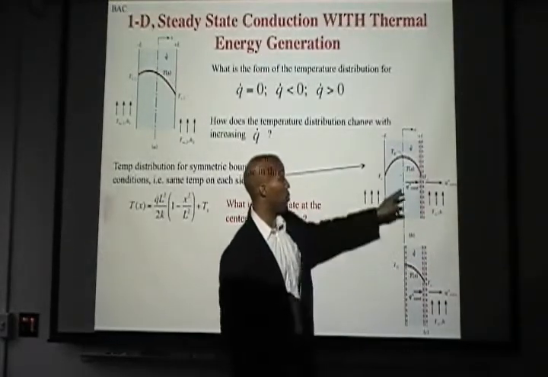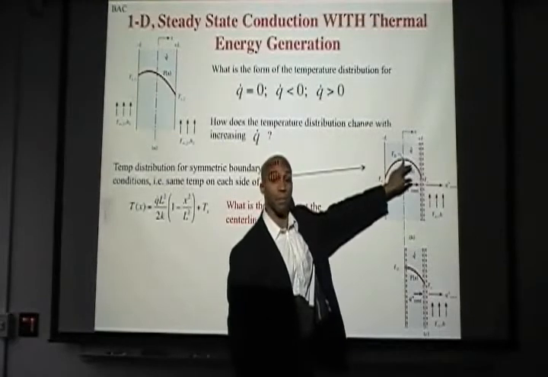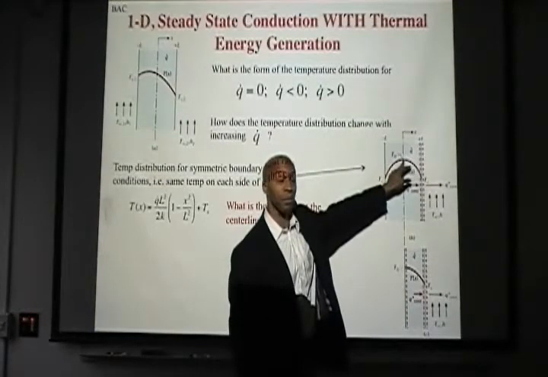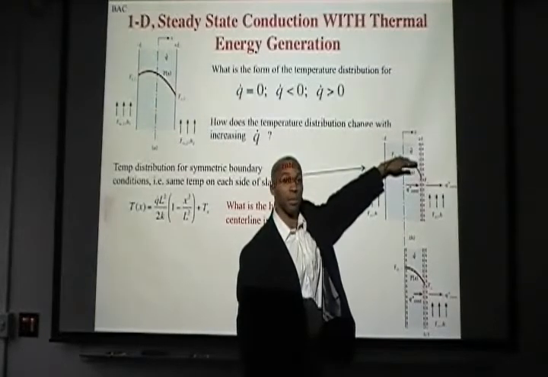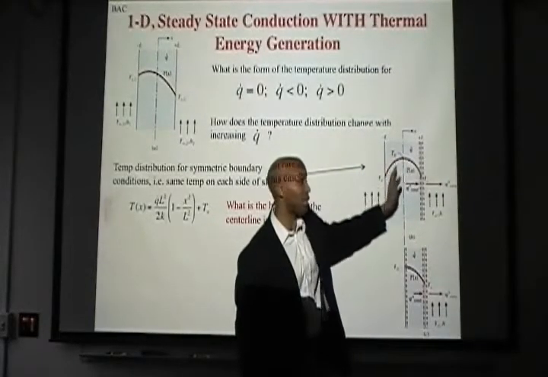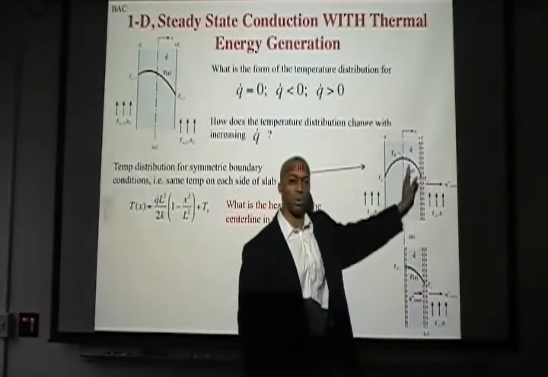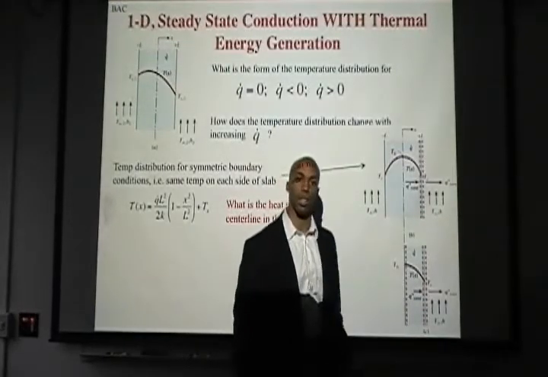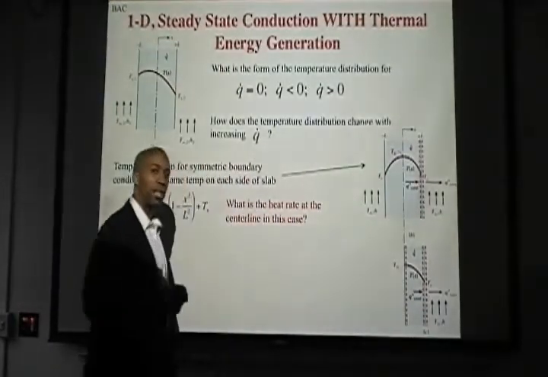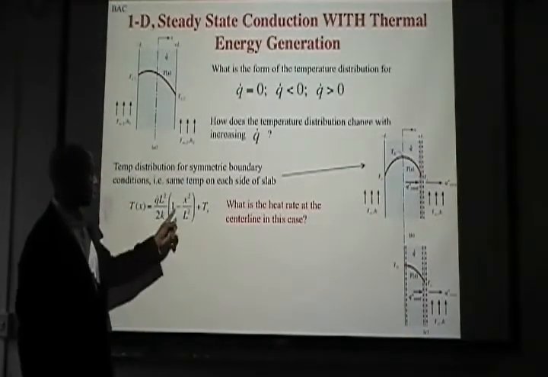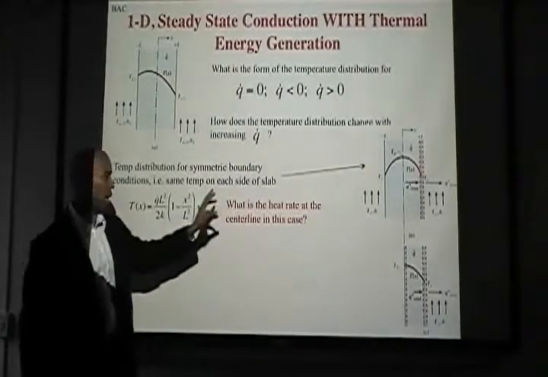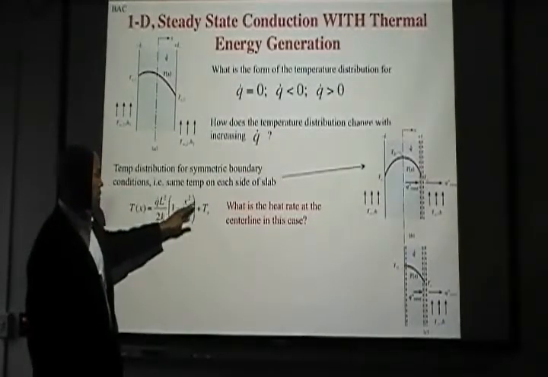However, at the middle, it's flat. And we've seen that before. When it's flat, there's no heat transfer occurring. It's like an insulated boundary condition. So at this center line, we have no heat transfer across that center line. And we can determine the same thing by looking at the mathematical expression. Because at the center line, the way this problem is set up, x equals 0, this goes away.